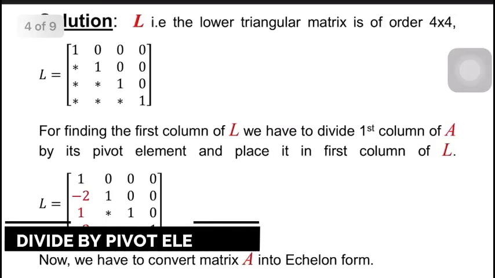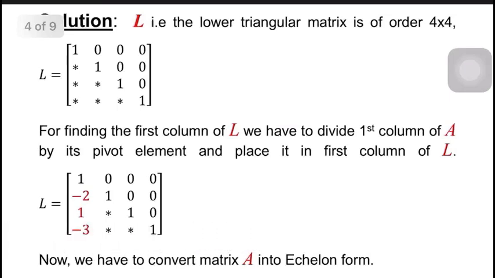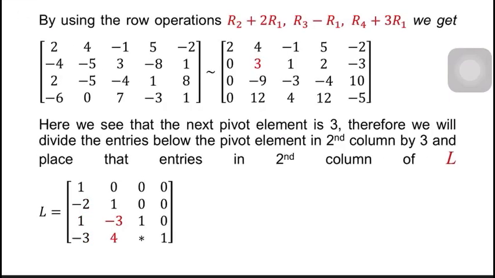For finding the first column of L, we have to divide the first column of A from the table above by its pivot element and place it into the first column of L. After dividing the first column with the pivot element 2, we will get the values -2, 1, -3. These values will be written in the first column of L, where we had asterisks before.